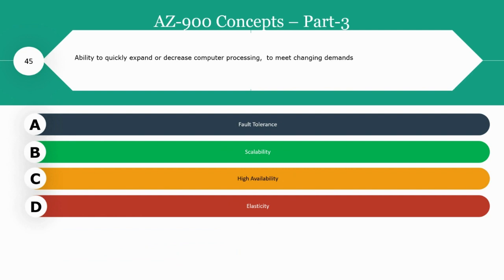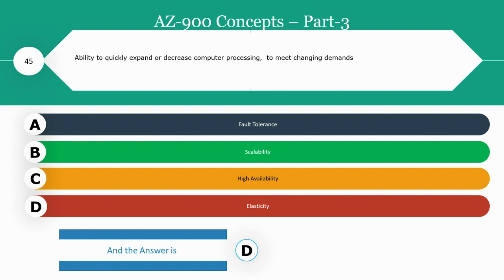Next question, ability to quickly expand or decrease computer processing to meet the changing needs. The options are fault tolerance, scalability, high availability, and elasticity. The right answer is option D. So we have already seen about this.